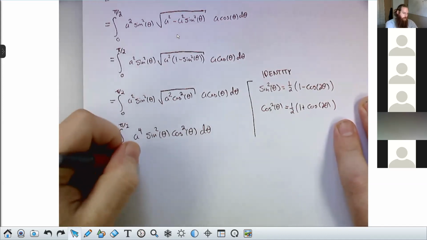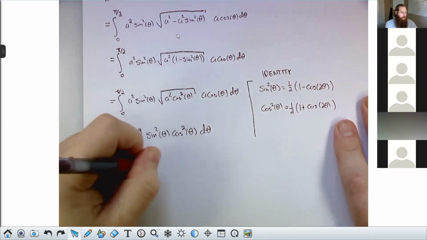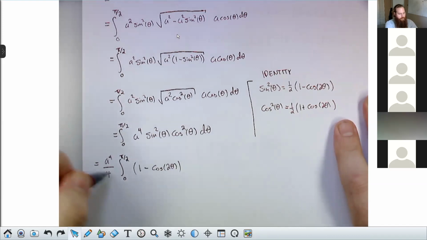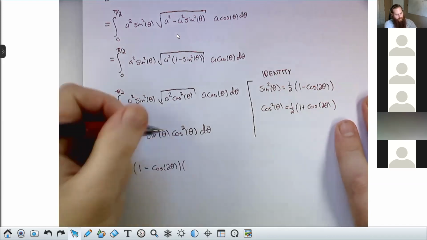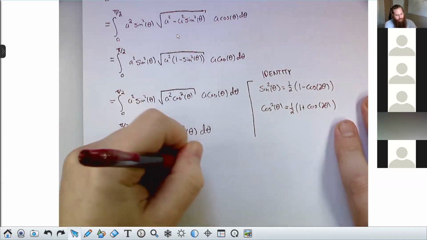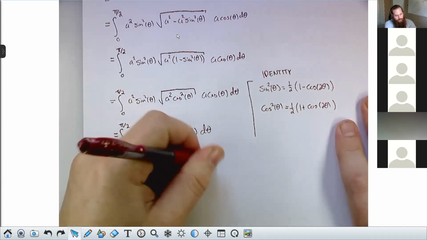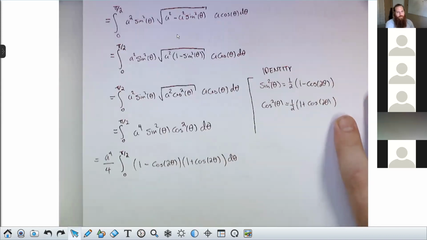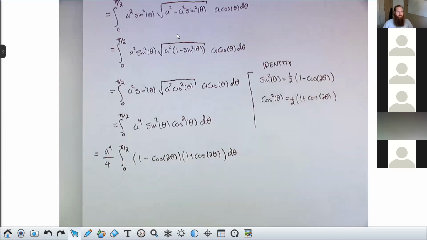Sine squared is 1/2 times 1 minus cos 2 theta. That 1/2 contributed one of the 2's in the 1/4 there. And cos squared is 1/2 times 1 plus cos 2 theta. So this is what my next step should look like.